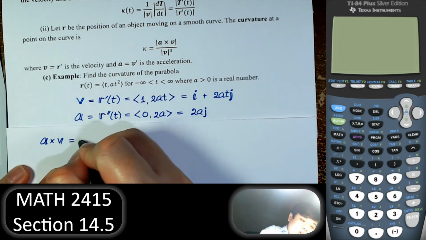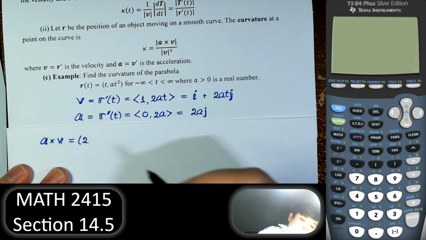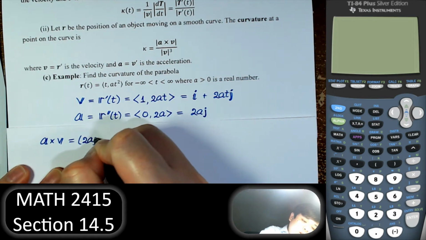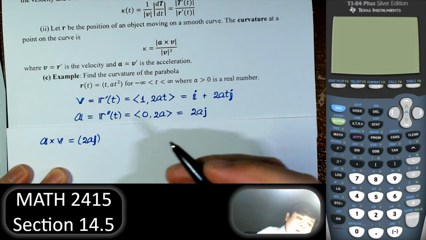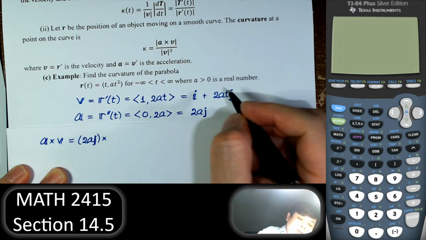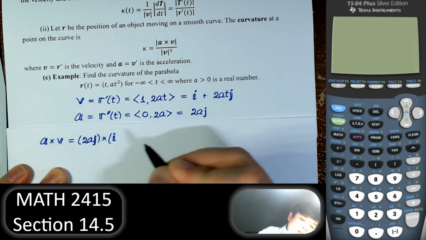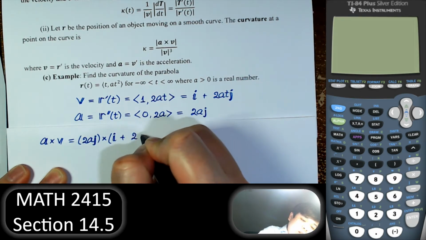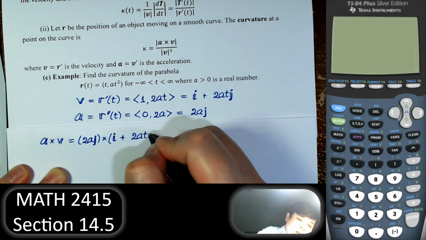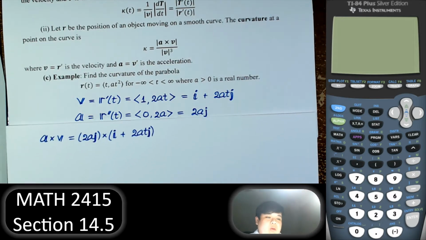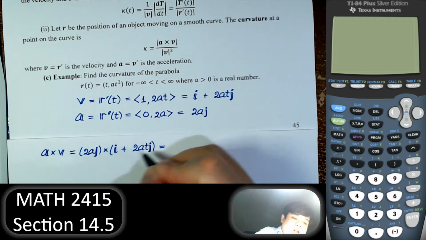A is 2aj, and then cross v, i plus 2at j, and then we multiply like we normally do, distributive.